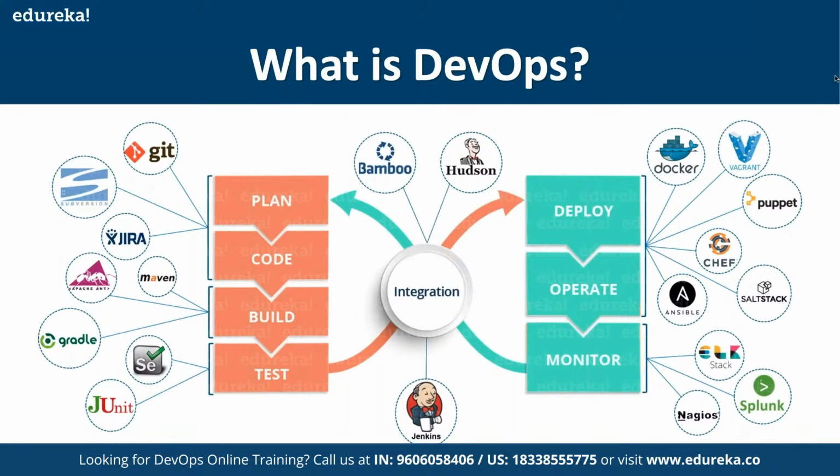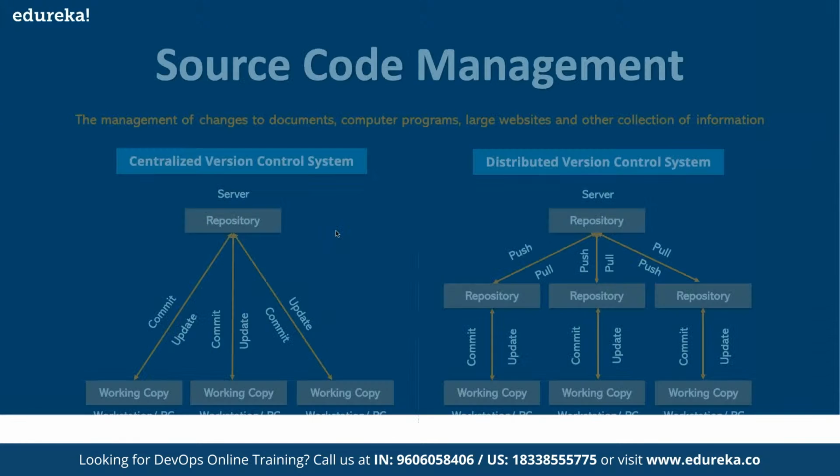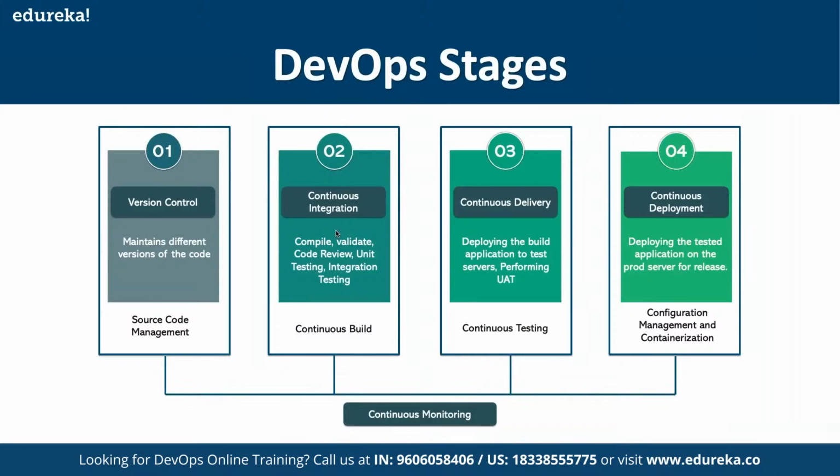So now after this, we have the DevOps tools and stages. As we discussed, first of all, we start with version control, and for version control we can make use of platforms like Git as a part of distributed version control. And then we have the continuous integration tool, through which we can build continuously by pulling the code automatically from the build servers.